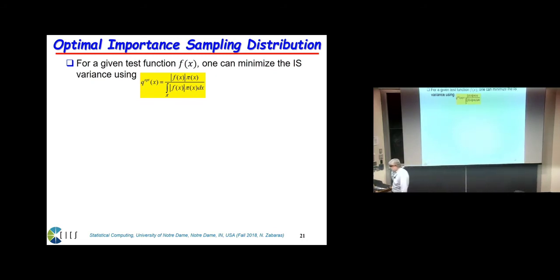If there is an optimal distribution, what does optimal mean? Can you give me some idea on what exactly optimal may mean in this case? So we're looking to sample from Q so we can calculate, let's say, some expectation with respect to pi of a function f of x. Optimal will imply what? What do we want for something, in this case, to be called optimal?